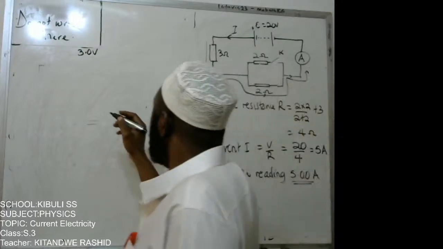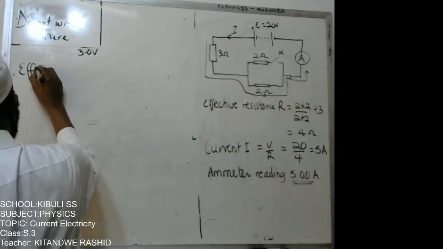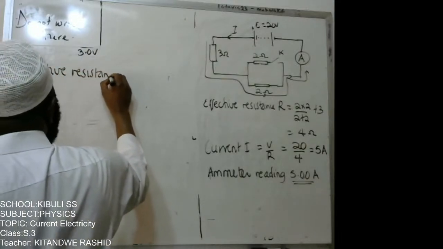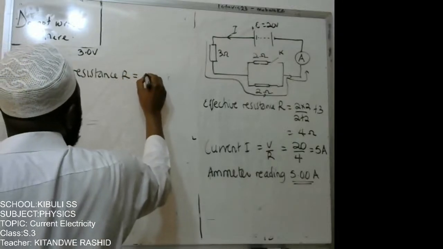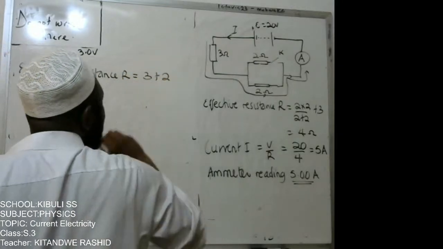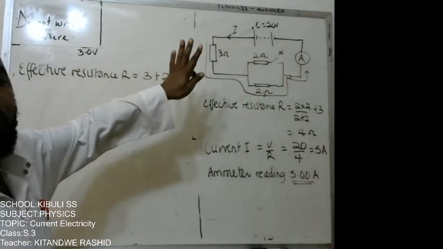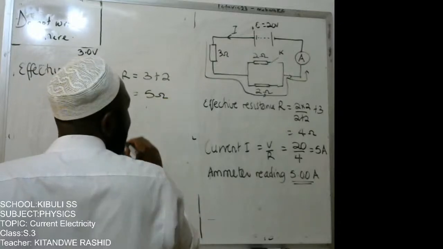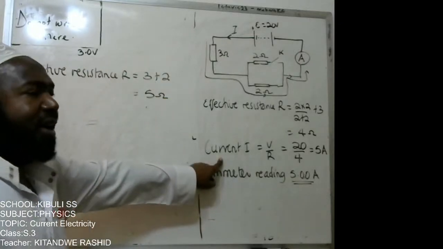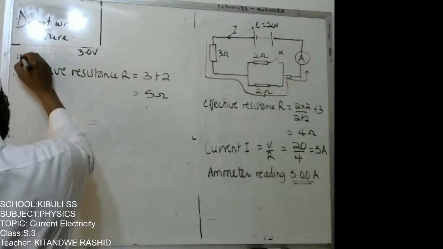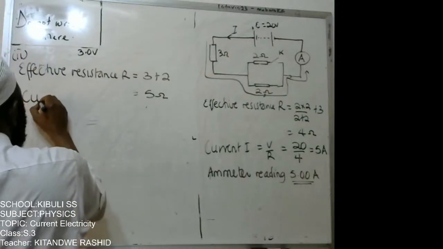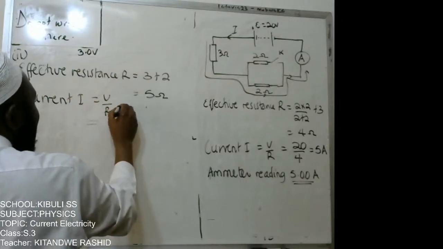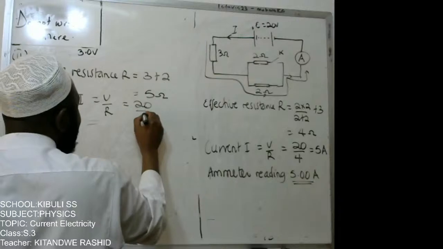So effective resistance this time round, R, is going to be equal to 3 plus 2, ignoring the other 2. And the effective resistance this time around is now 5 ohms. So if it comes to getting current, I is equal to V over R. The V is 20, the R is 5.